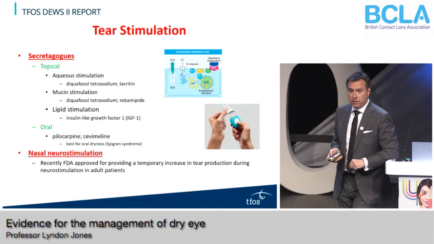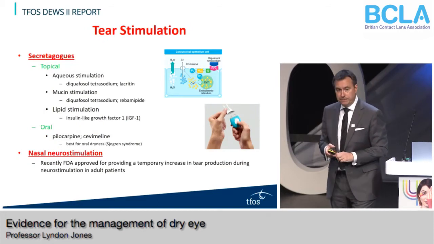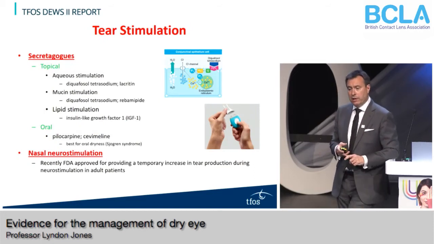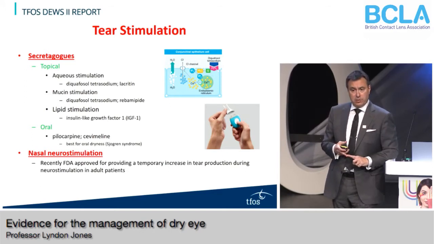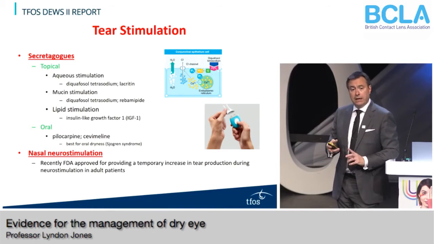After that, we went on to looking at tear stimulation. Really covered 2 areas, secretagogues and then a new nasal neurostimulation method. The secretagogues, we looked at both topical and oral secretagogues. When it comes to topical secretagogues, there are a number of formulations now commercially available around the world, but interestingly, none of them have passed muster to be able to obtain clearance to be used either in North America or in Europe.